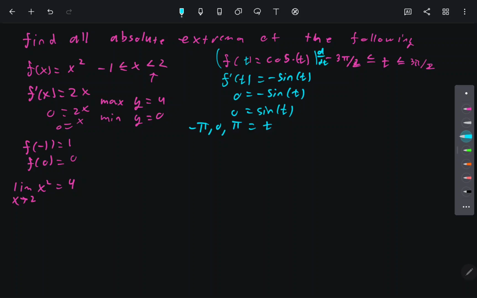Alright. Well, now that we have these critical points, we have to plug them into the original function along with the endpoints. So we have f of negative 3 pi over 2, which is going to be equal to cosine of negative 3 pi over 2.